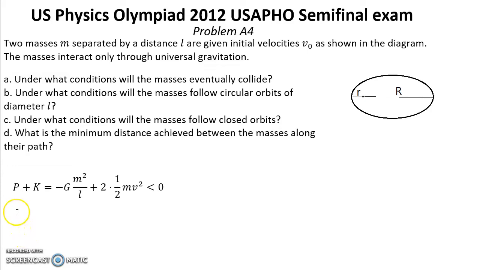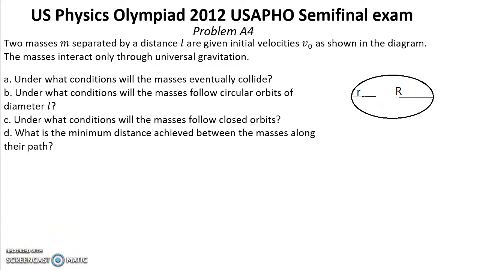We have total energy equal to potential energy plus kinetic energy, which is negative G m squared over L plus 2 times the kinetic energy. And this must be less than 0. From here we can find that the velocity must be less than the square root of G m over L. That was the answer for question C.